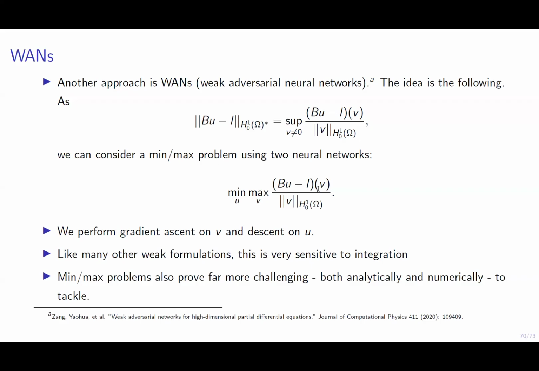We don't have a sum of squares type representation of our loss, so this becomes quite sensitive to integration issues as well. But at least one thing that it avoids is, in principle, if we do this maximization problem well, we avoid the problem of overfitting in Fourier space because we're always choosing the best V. And one benefit here is that if we have a relatively smooth error in our solution, then the optimal V has very similar regularity because it solves a very similar PDE.